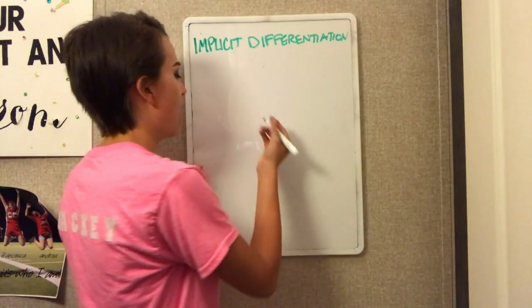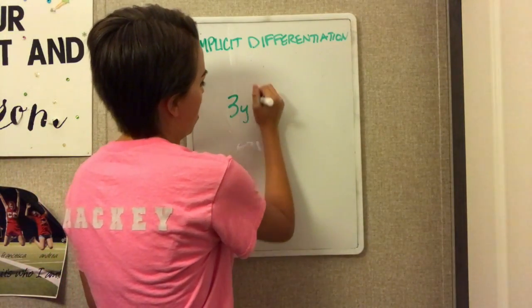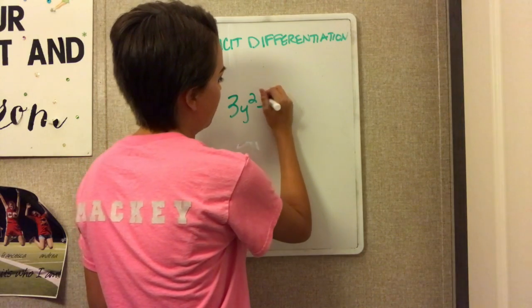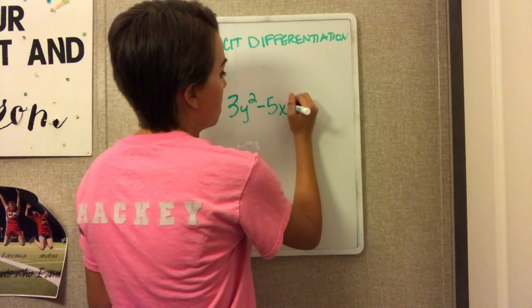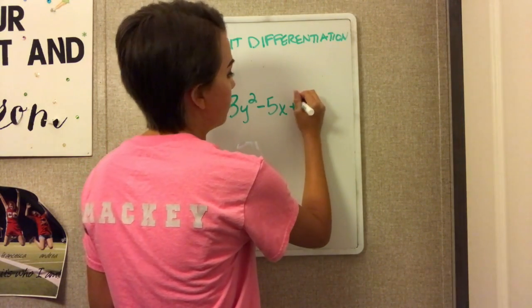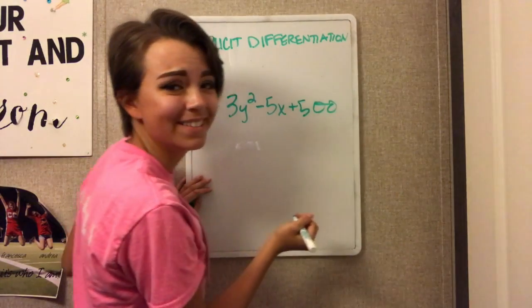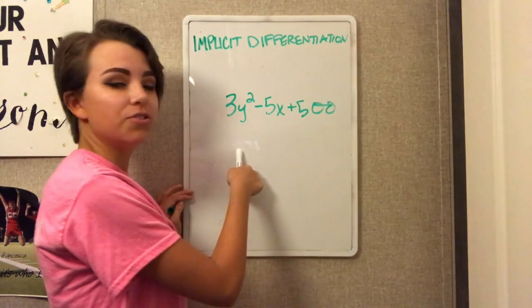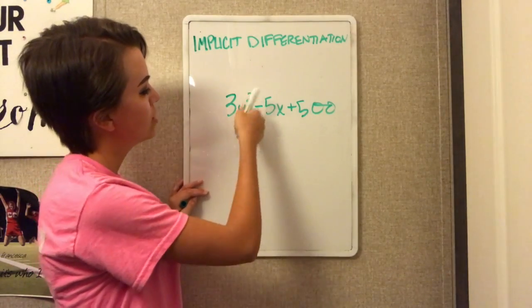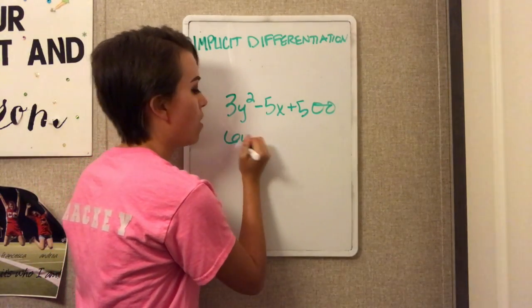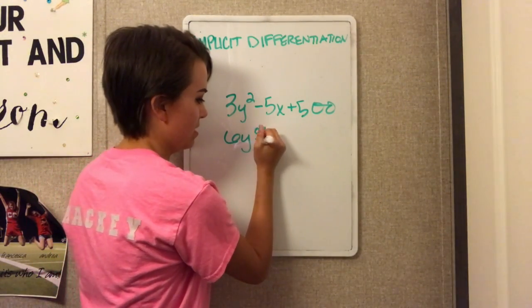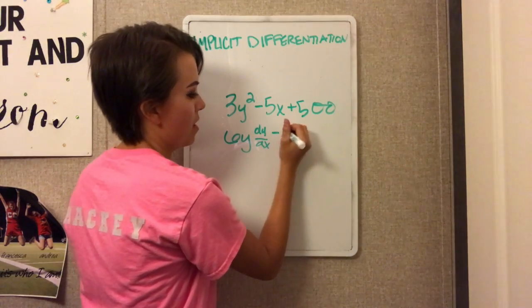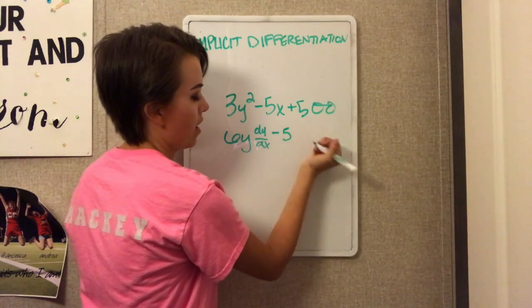So let's say we have 3y squared minus 5x plus 500. Why not? We're going to do this with respect to x. So this will be 6y dy dx minus 5.